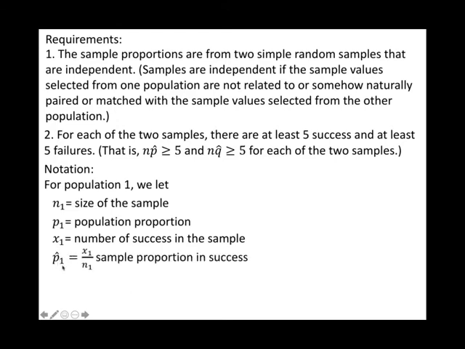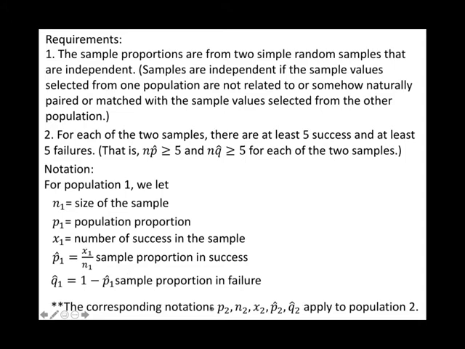So if I want to calculate the sample proportion, I could do X1 divided by N1. Okay, number of successes divided by the sample size. The sample proportion in failure will be the complement of the sample proportion in success. The corresponding notation applies to population 2 also.